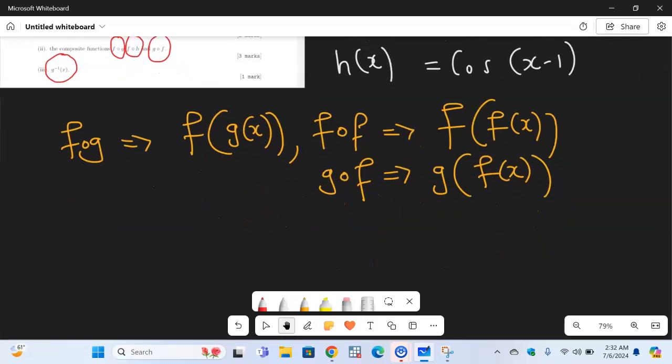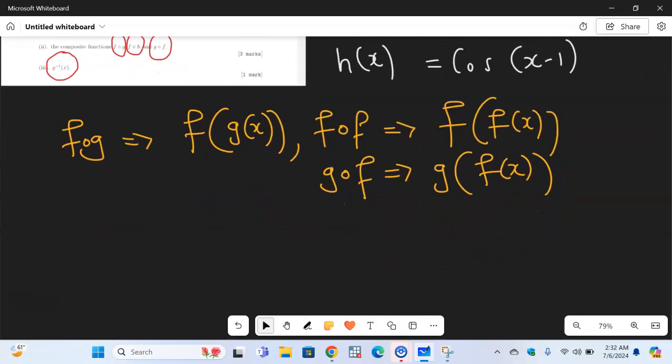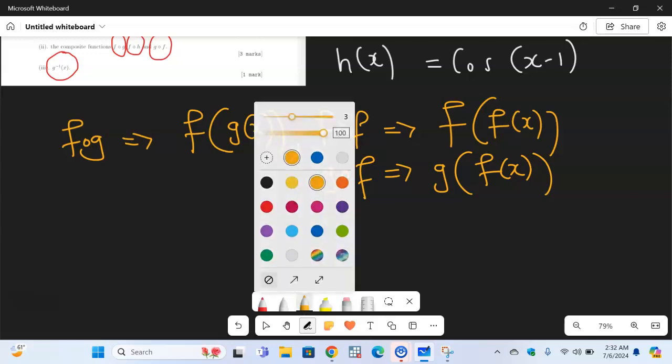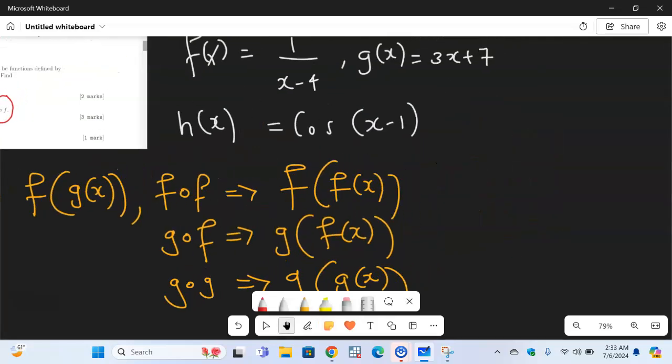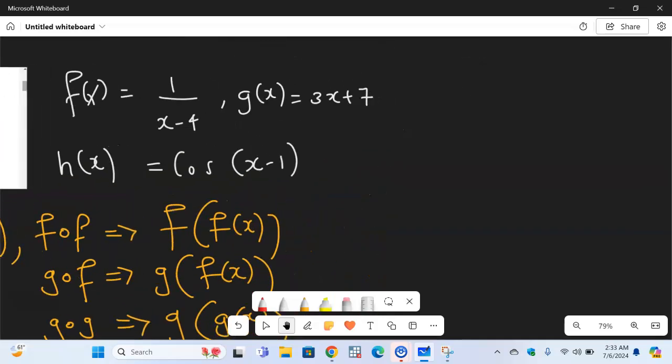Then the same thing applies to g of g. This implies that there's a function g, but now the x is g of x. So now, even without solving the questions we've been given, let's first try and find the composite functions even before we do anything else.